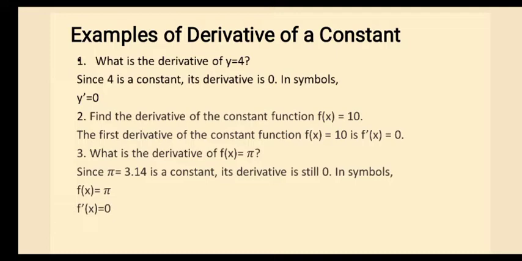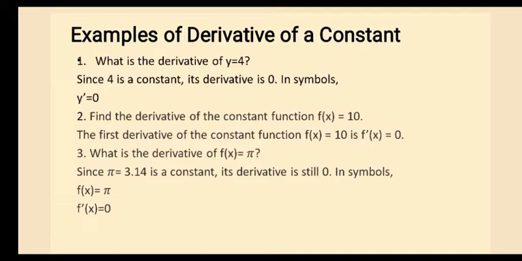So let's write examples of derivative of a constant. So first, what is the derivative of y is equal to 4? So since 4 is a constant, its derivative is 0. So in symbols, because we used y, y prime is equal to 0. Next, find the derivative of the constant function f(x) is equal to 10.